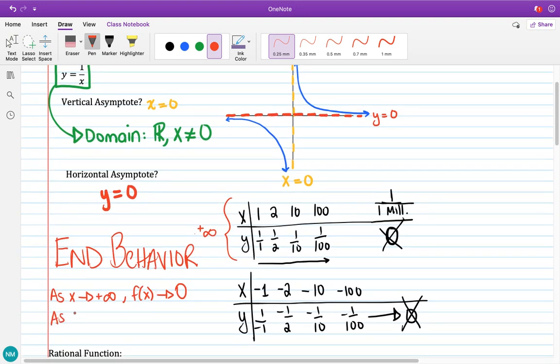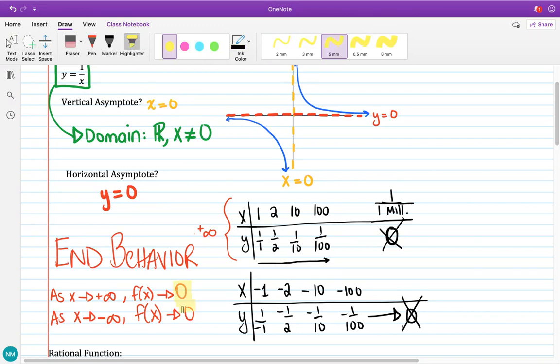And as x approaches negative infinity, as x gets more and more negative, f of x also approaches 0. So for a horizontal asymptote, these will be the same. It's really important that we understand that horizontal asymptotes have to do with end behavior.